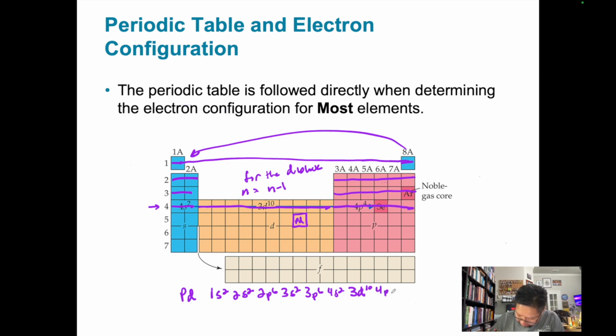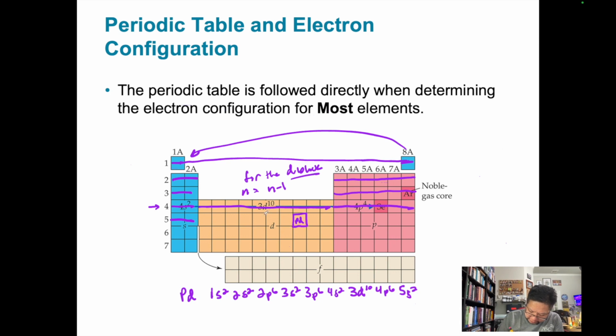The 4p orbital right there, 4p6, right? We'll come back around again to the 5th period, or the 5th row. So that's 5s2, right? And then here we are. We're in the same row now as palladium, but again, it's a D block, right?